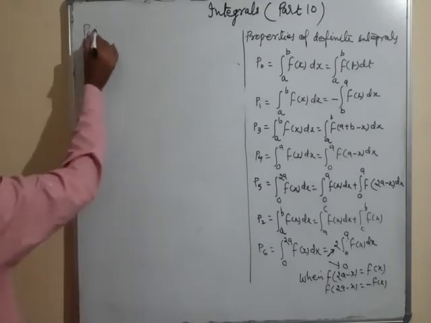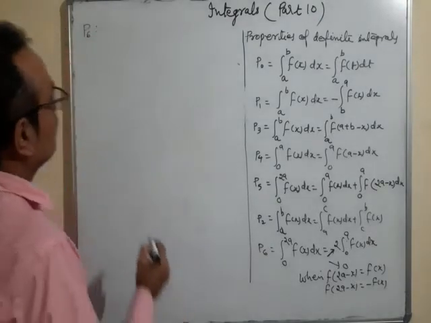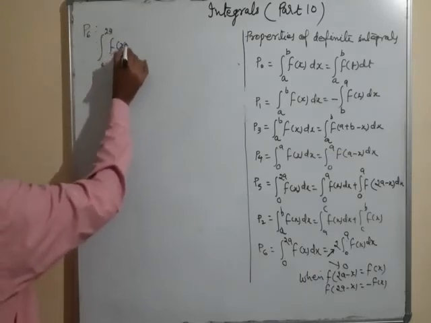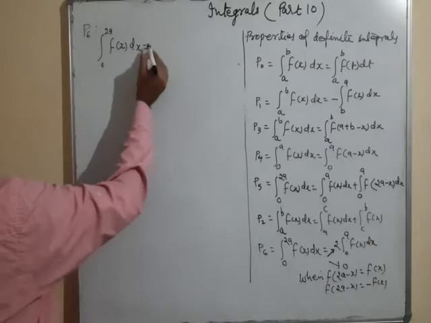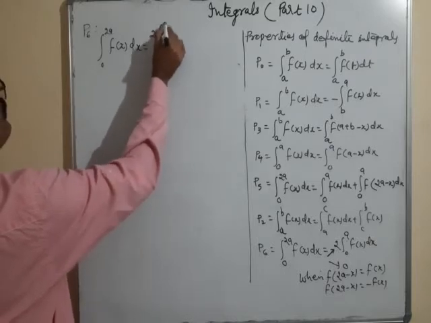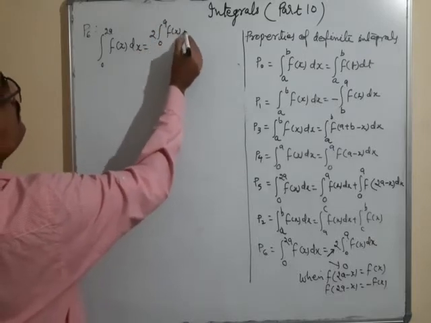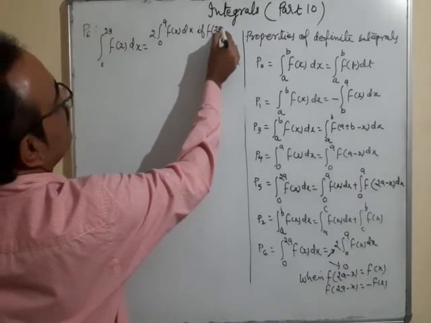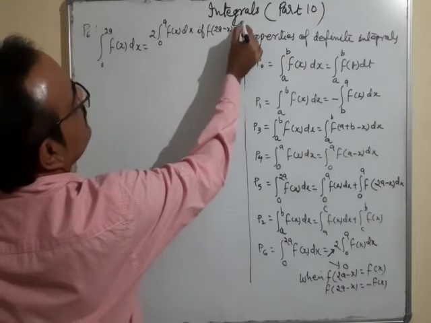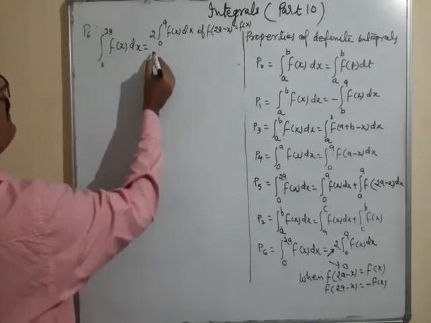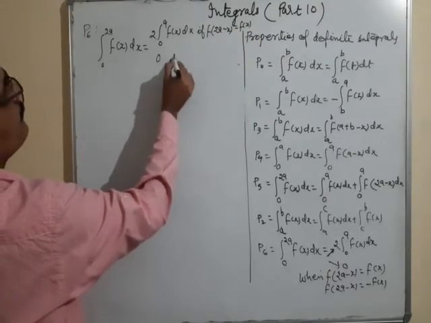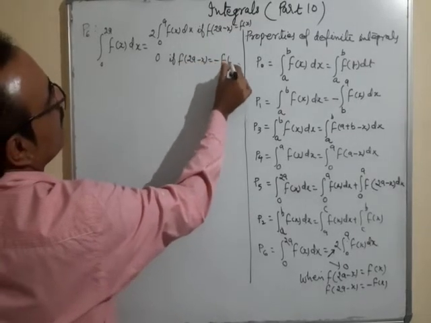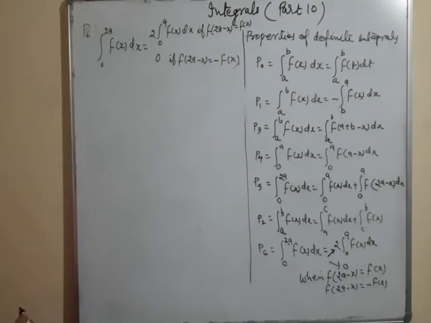So, very important property P6: the integral from 0 to 2a of f(x) dx is equal to 2 times the integral from 0 to a of f(x) dx if f(2a minus x) is equal to f(x), and 0 if f(2a minus x) is equal to minus f(x). Okay.